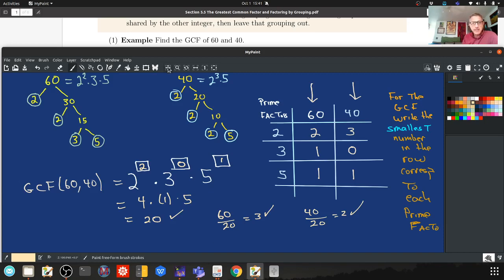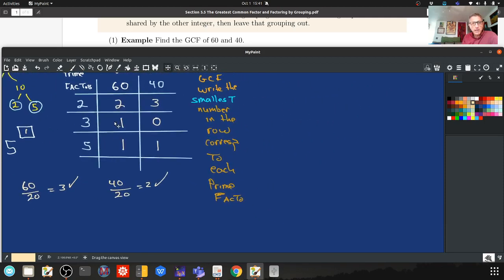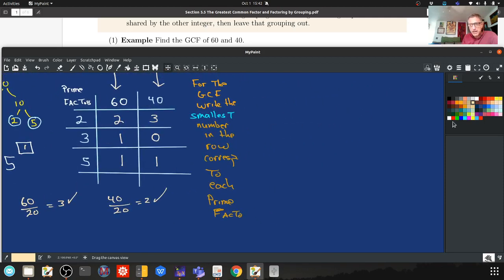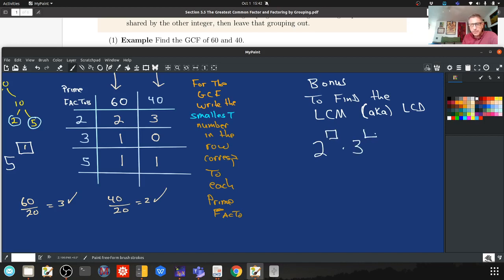This easily extends to polynomials. And here is just a side bonus. So once you figure out how to create these tables to find the least common multiple, you do the exact same thing, except you do the opposite.